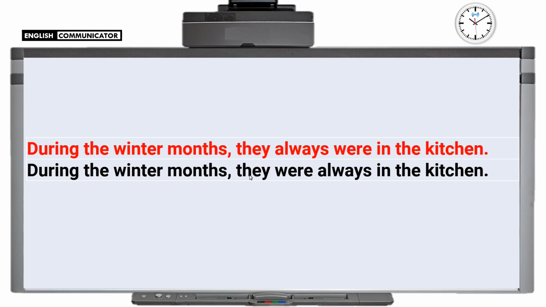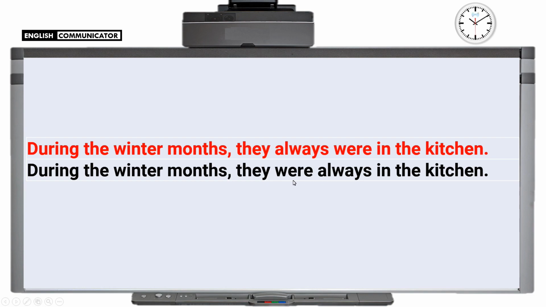During the winter months. Okay, both combinations are right, but what's the problem? Look here. They always were in the kitchen. Wrong. Why? Look, they were always in the kitchen. You want to mention a position or time during the winter months and where they were.